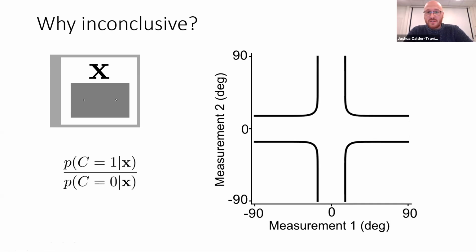And it turns out that under a range of conditions, the Bayesian observer uses an area that looks something like this to make their choices. So if the noisy measurements fall within the lines here, the Bayesian observer reports target present. But if the noisy measurements fall outside the lines, the Bayesian observer reports target absent.